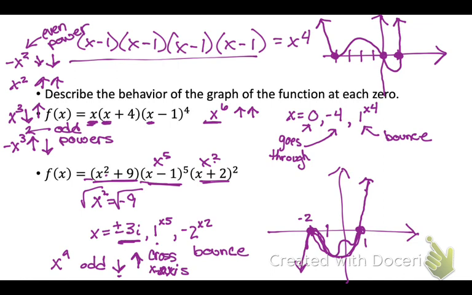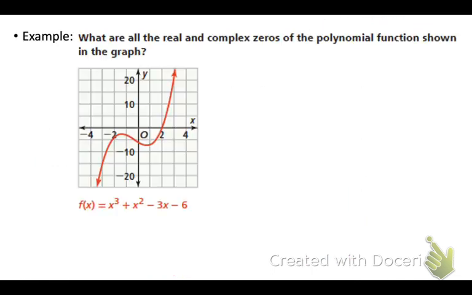I am not going to take off points if you don't do some wave in it. As long as your start, your ends are right and your zeros are right, I'm good. Okay, you're just writing, so I just want to make sure.